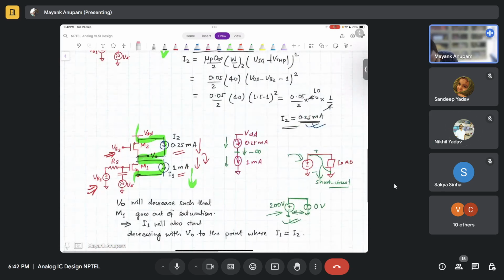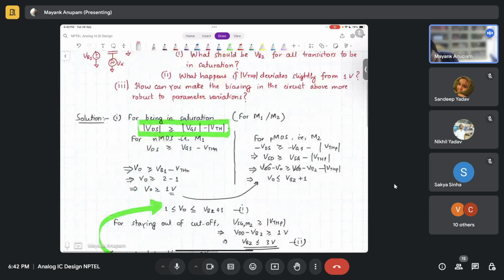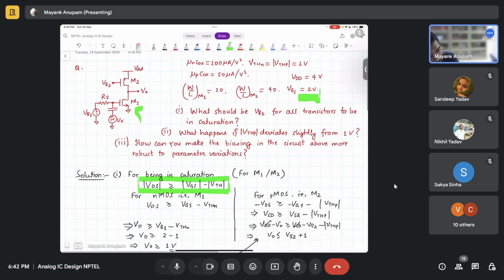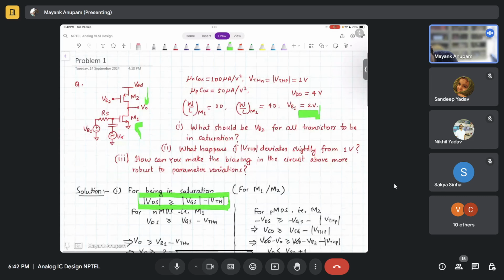So how much is I1? I1 is equal to 1 milliampere. That is given because of the way that we have biased it, right? We have already biased M1 with 2 volts. So that is why I1 is going to remain fixed. The only thing that we have a handle on now is M2 biasing.